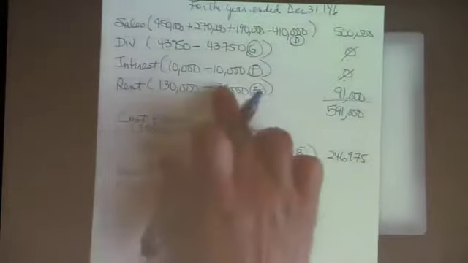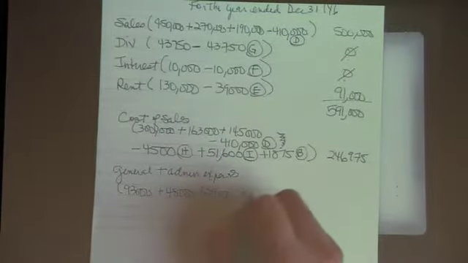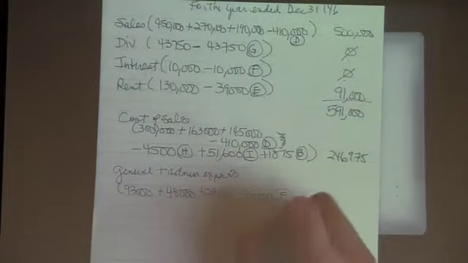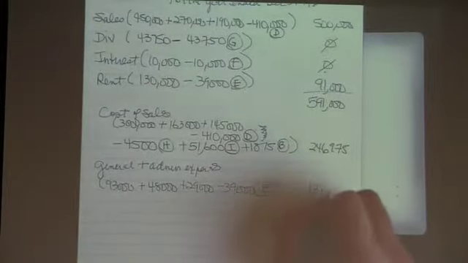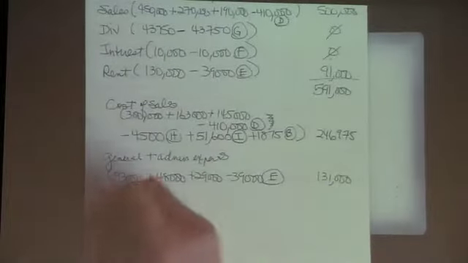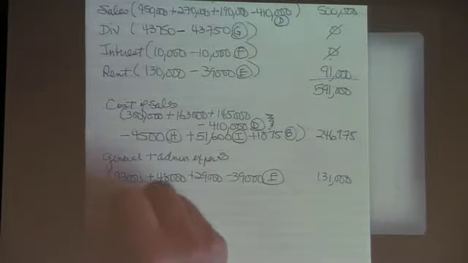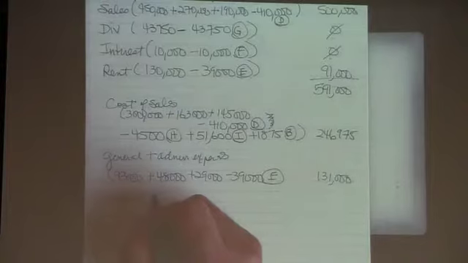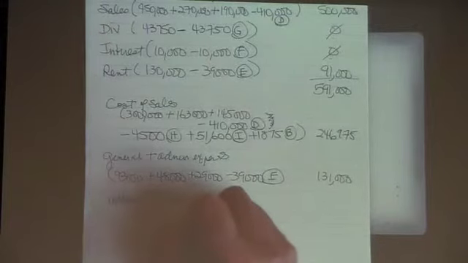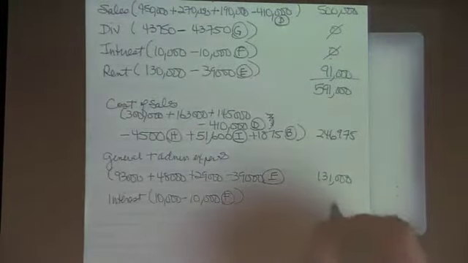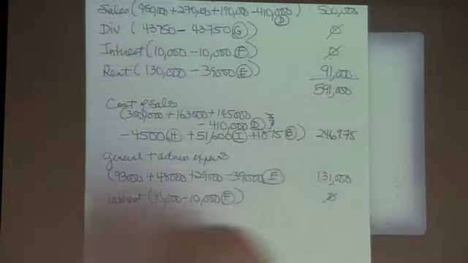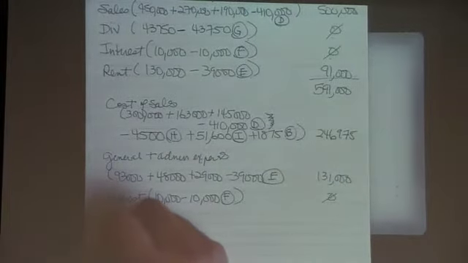So remember, we took it out here, we need to take it out of here. Interest. Okay, interest is 10,000 minus 10,000. We know that that was from F. Gives us 0.